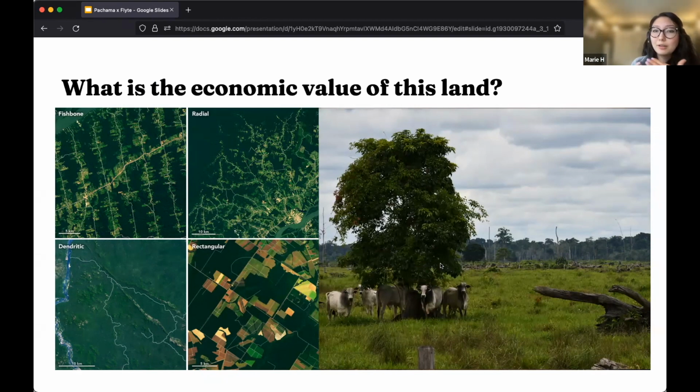But if we properly quantified the economic value behind the ecological services provided by the existing landscape, we'd also see much larger value. And that's even ignoring the inherent non-economic value of the life on the land and depending on the land as well.